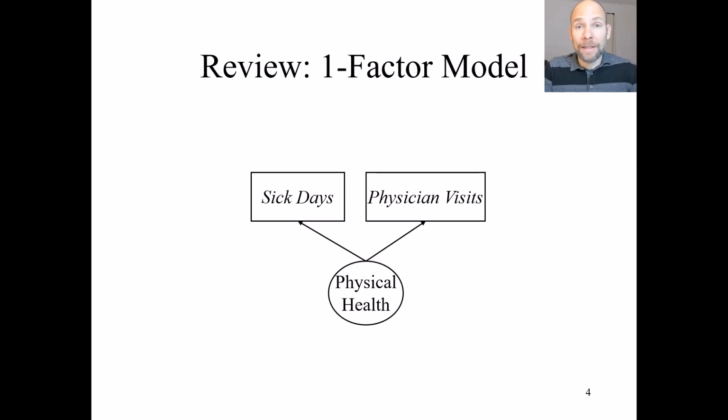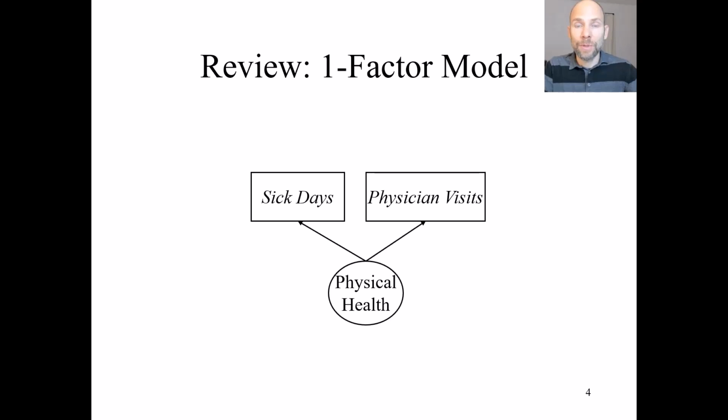We would expect that those two variables are positively correlated, meaning that they have a positive and non-zero covariance, because people who tend to report more sick days will also tend to go to the doctor more often typically, and so that covariance then is what gets absorbed by the factor physical health.